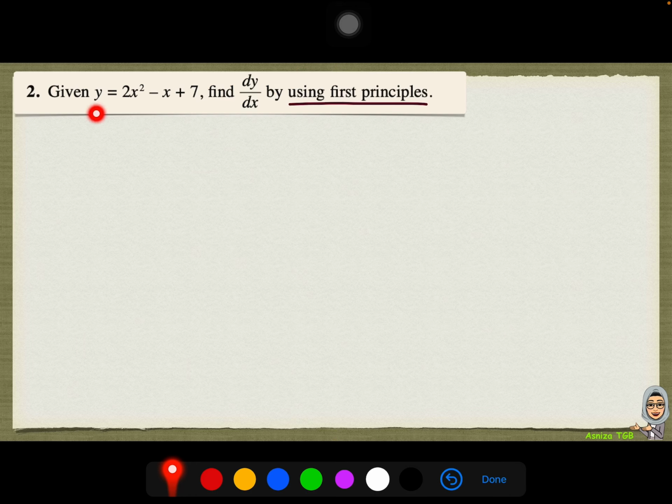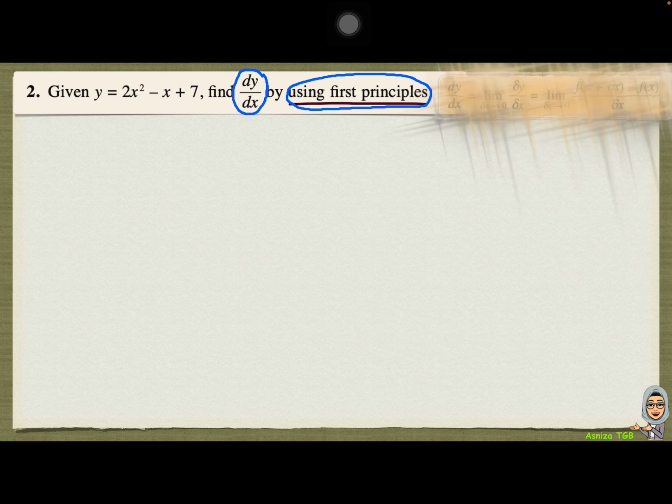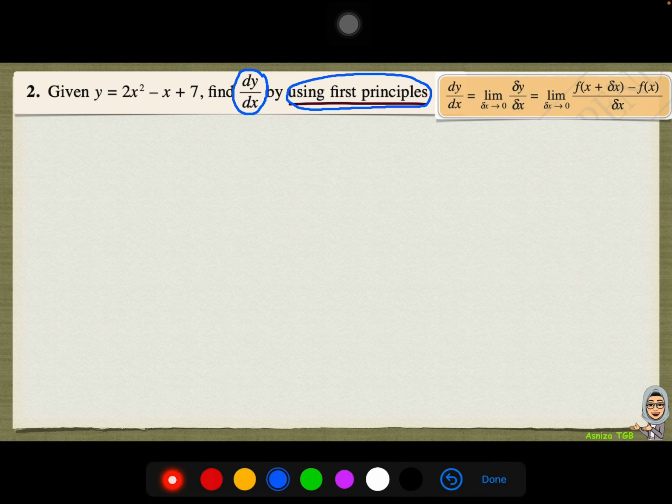We were given y equal to 2x squared minus x plus 7. Now we need to find dy/dx by using first principles. So meaning we have to find dy/dx using the concept of limit.